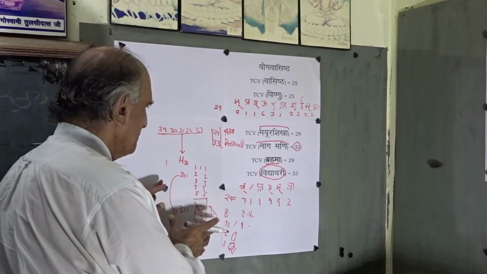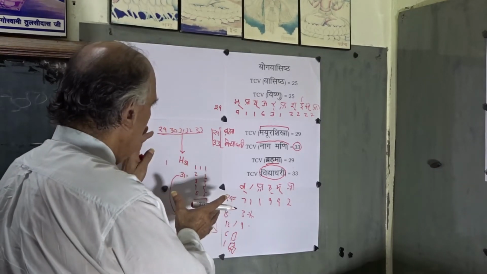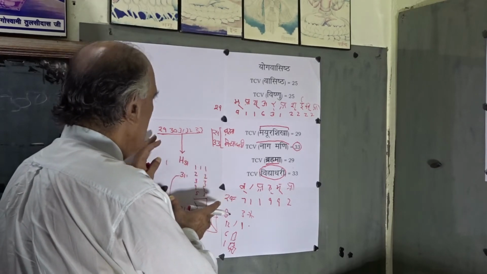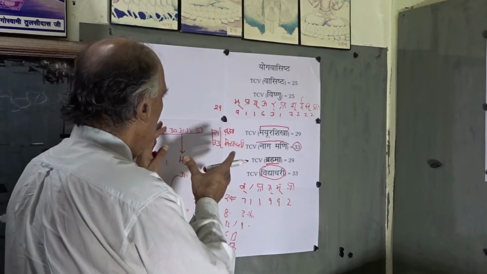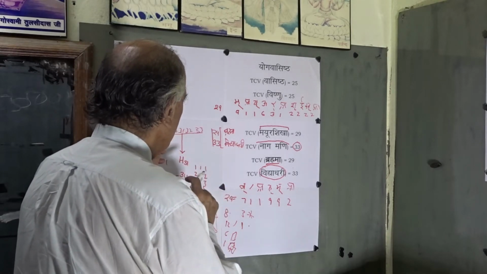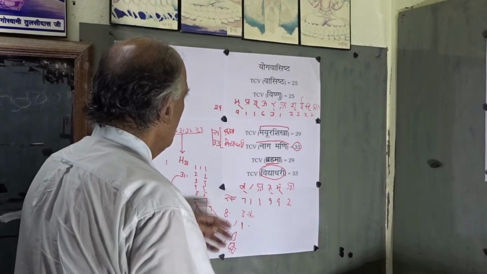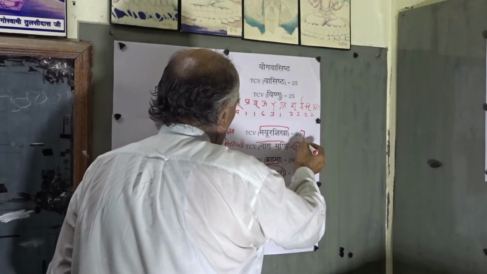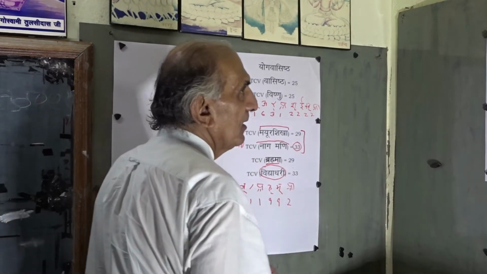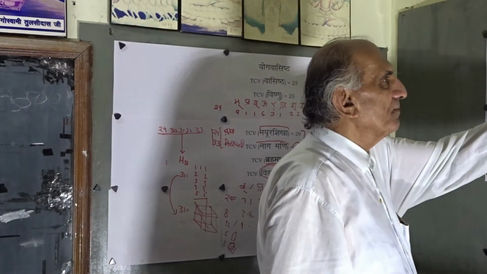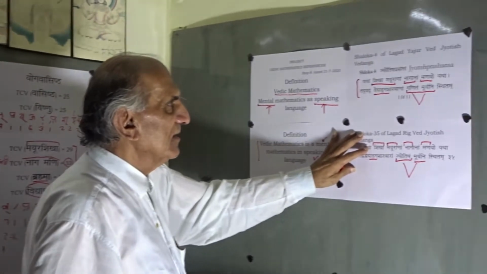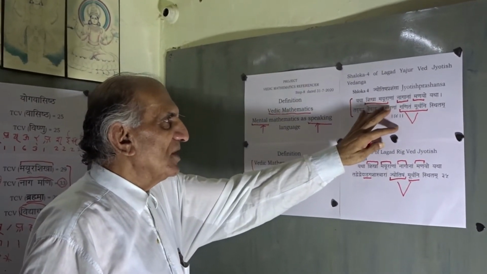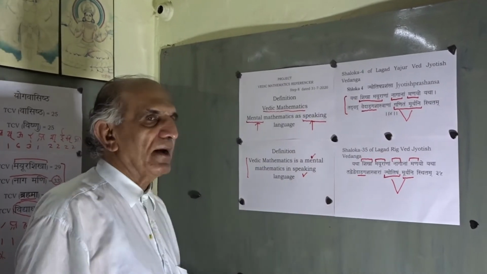As such, the mathematics in geometric format, the formulations here in respect of this pair of formulations, Mayur Shikha and Nagmani, in these pair of shlokas are not simple poetic appreciations, poetic compositions.